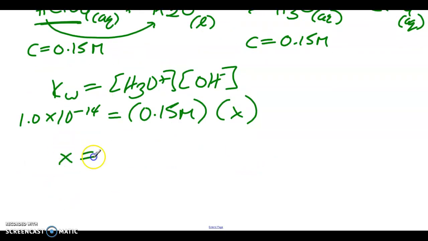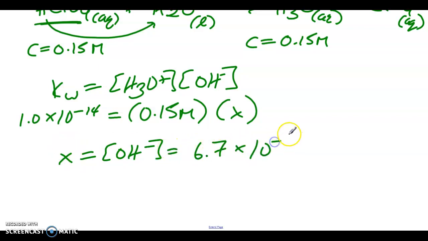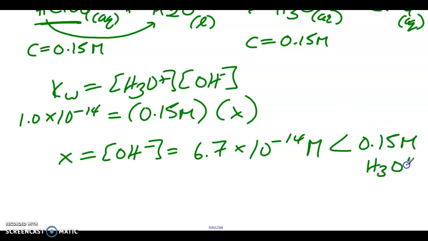So our x value, which is our hydroxide concentration, is equal to 6.7 times 10 to the negative 14 moles per liter, which of course is less than the 0.15 moles per liter that the hydronium was equivalent to.